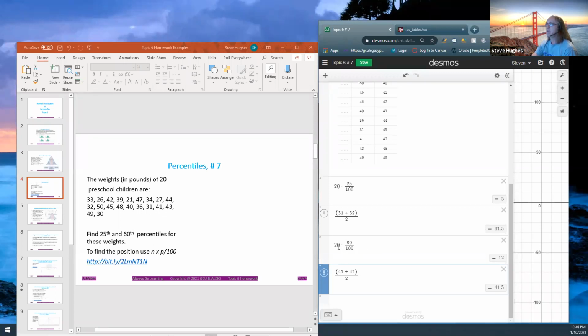That is n 20 times 60 divided by 100 is 12, which means I need to look for the value that's in the 12th and the 13th position, which happen to be 41 and 42. When I add them together, divide by 2, and I get 41.5, which is the 60th percentile. And that question is completed.